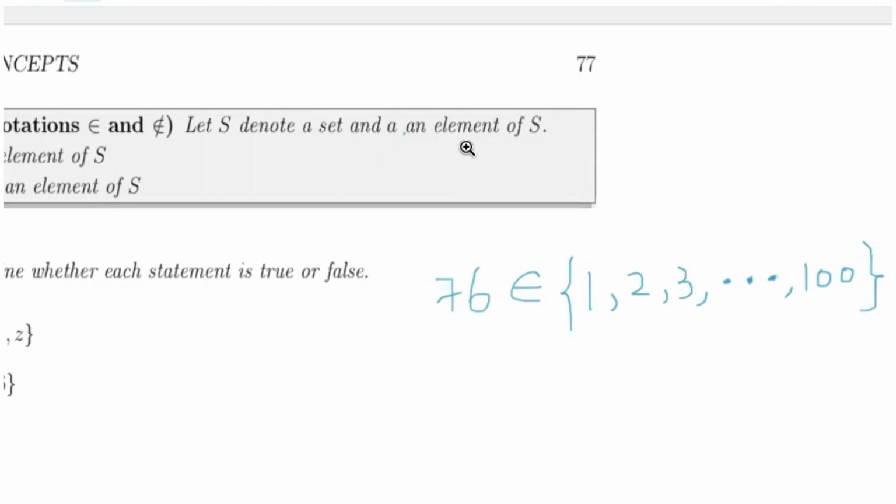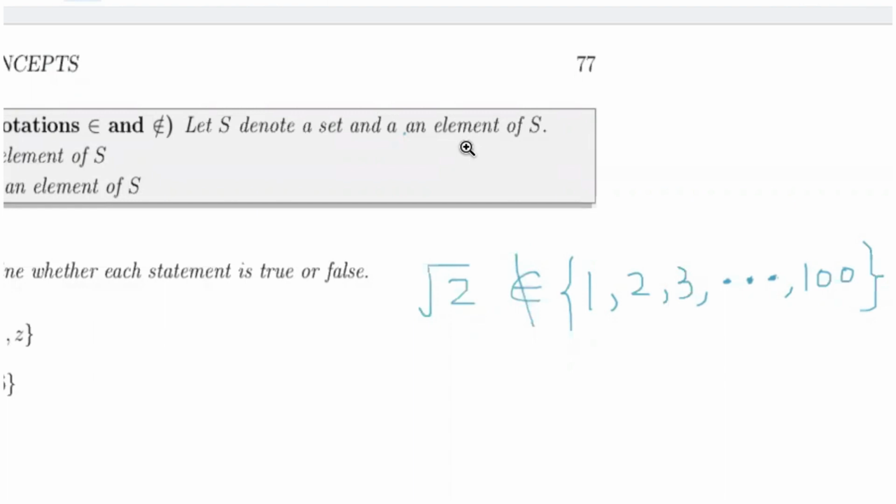And let me give you another example. Is root 2 an element? Is root 2 part of 1, 2, 3, 4, 5, 6? Can you find root 2? Root 2 is an irrational number. No, it's not. Do you understand this notation?